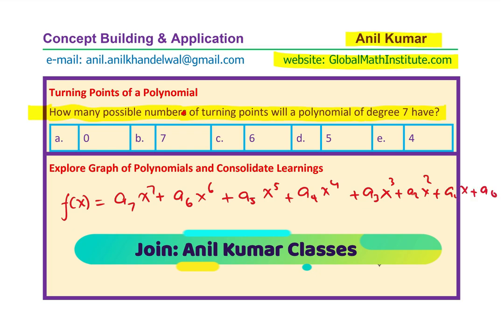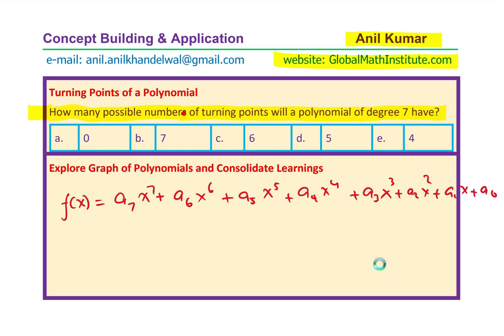So in general, that could be a 7-degree polynomial. The idea is, how many possible turning points will this polynomial have for different values of a's, the coefficients? You get the idea. So now the question is absolutely clear.